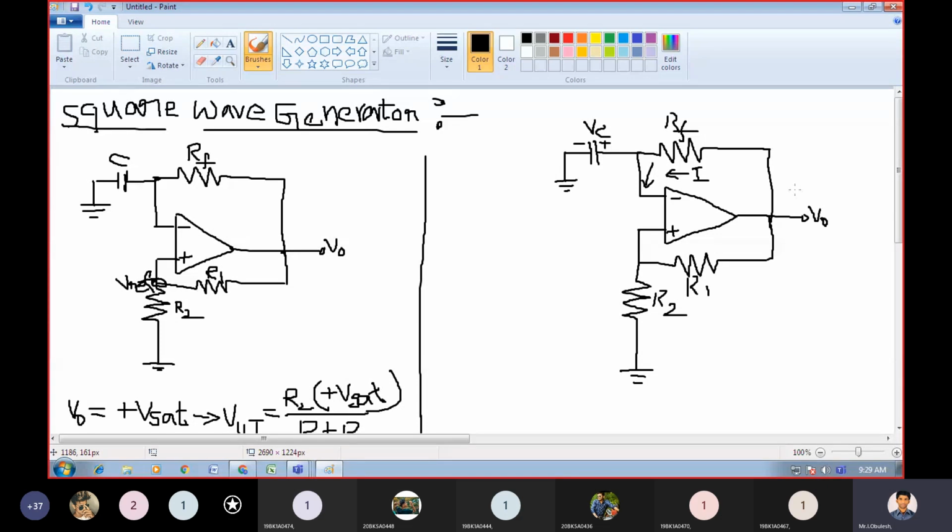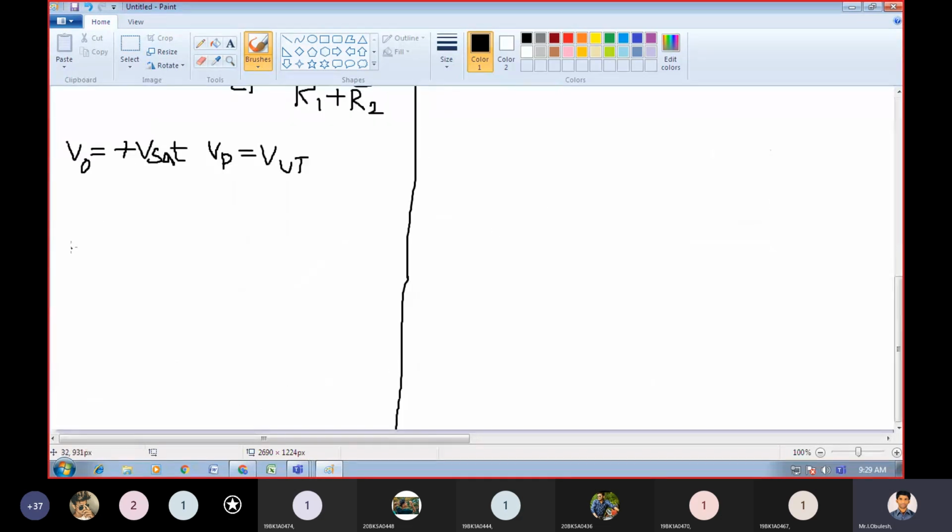The first case is VC is less than VUT, then the output voltage V0 remains plus V saturation only.